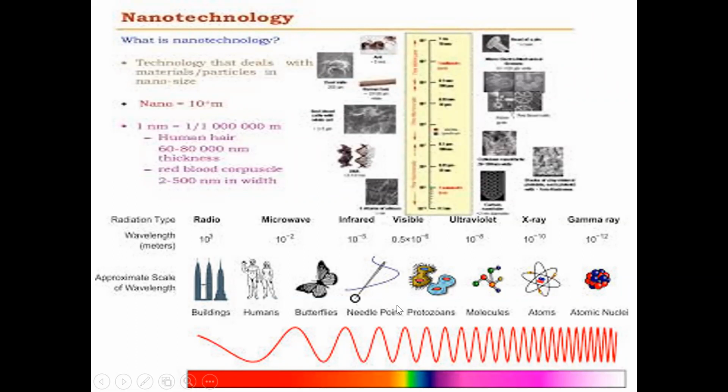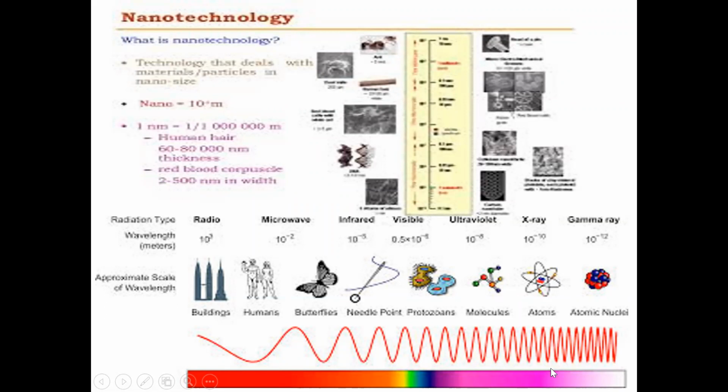So the size keeps decreasing, and the color also differs with size. The big size is red in color, then it keeps decreasing. The protozoa and algae are bluish in color, and then the molecule is pinkish in color.